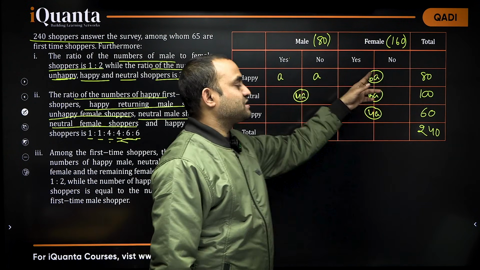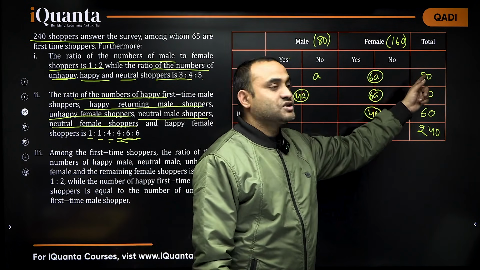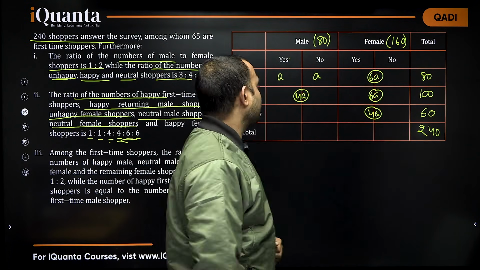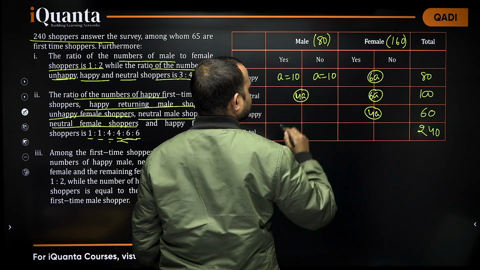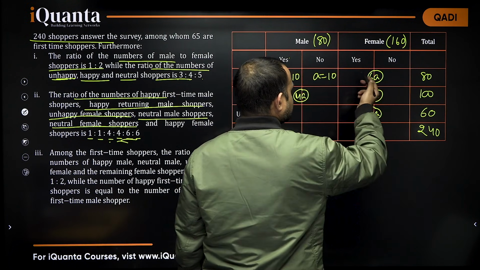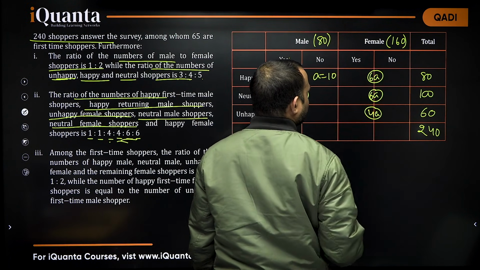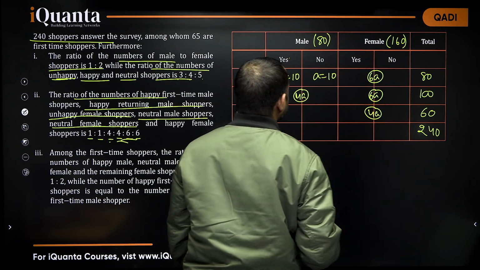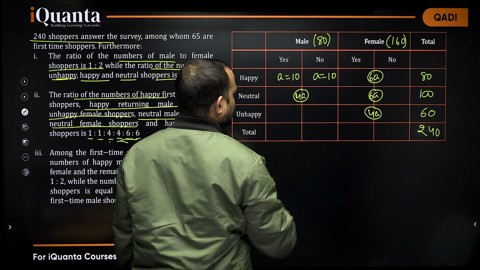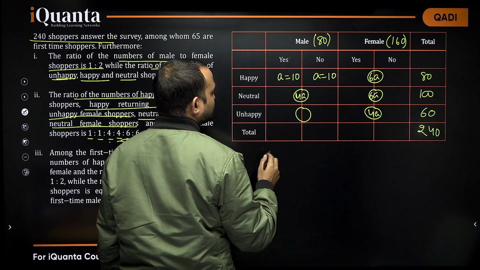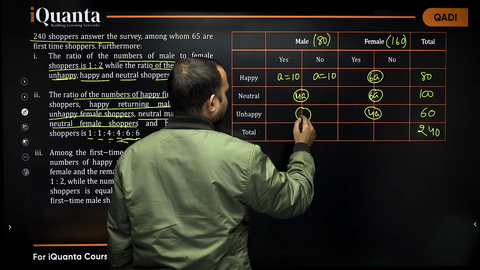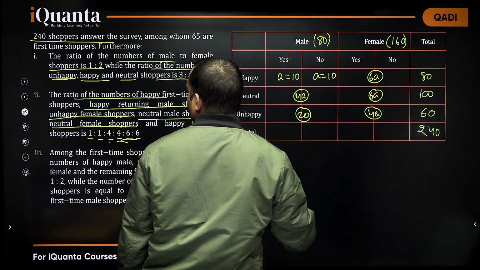A plus A plus 6A, total 8A. 8A is equal to 80, that means A is equal to 10. Meaning this value is 10, this value is 10, this is 60, 60 and 40, which is 160. It makes sense. Now 10, 10, this is 40, 20. So what's left here? Sum of these two should be equal to 40 plus 20, which is equal to 60. So this should be 20, right?